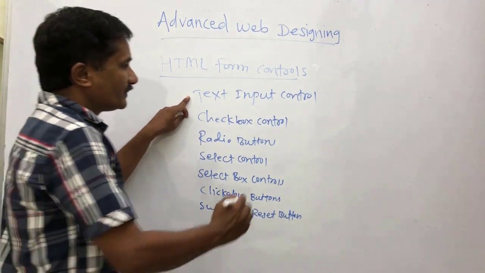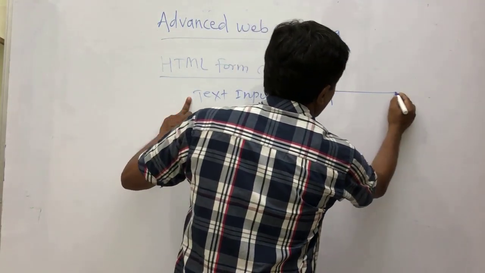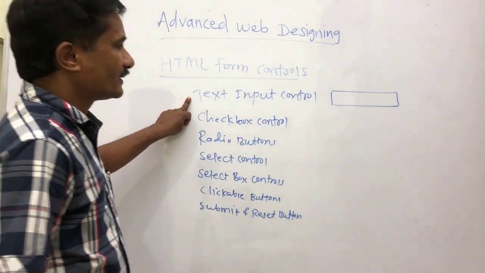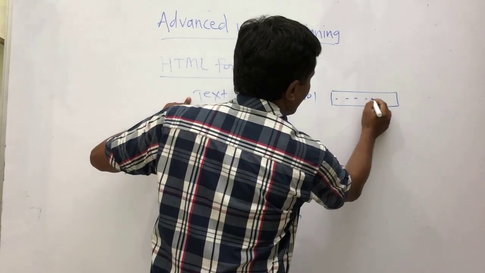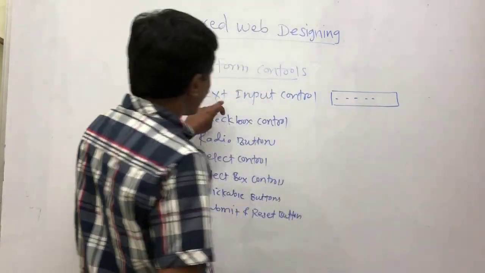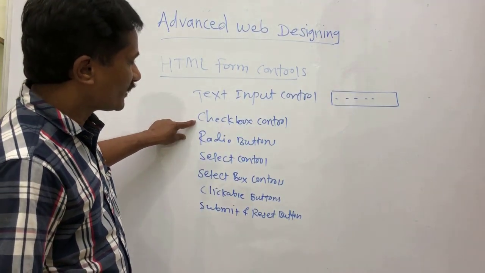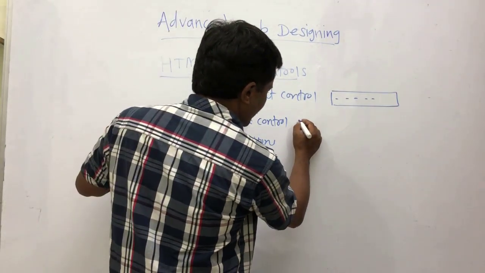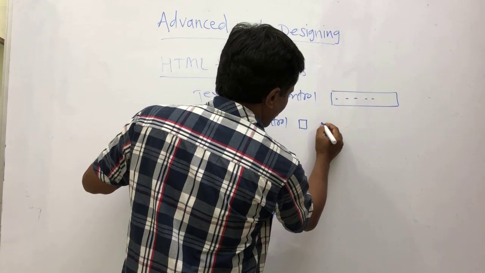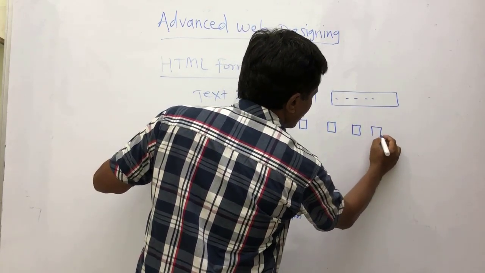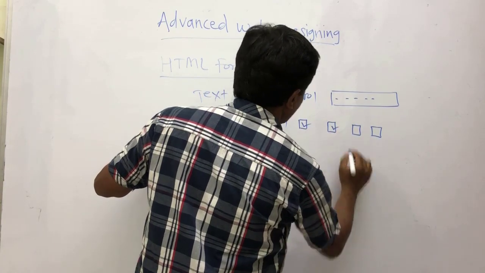Text input control means you can simply design the text box. User can enter some data in this box, that is text input control. Next checkbox. You can create the check boxes. User can choose multiple boxes.